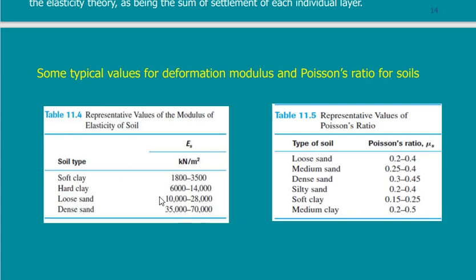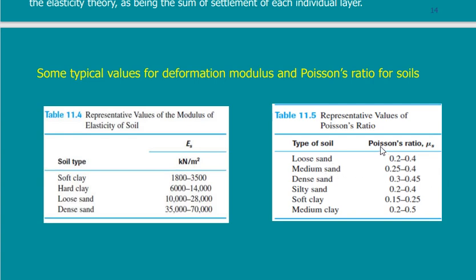But of course, you may have hard clay that is reaching very high, maybe not hard clay, maybe very hard clay. So you will find numbers that are more than that. There is also another parameter. It's not very important in our analysis, but you need to know it, which is Poisson's ratio.